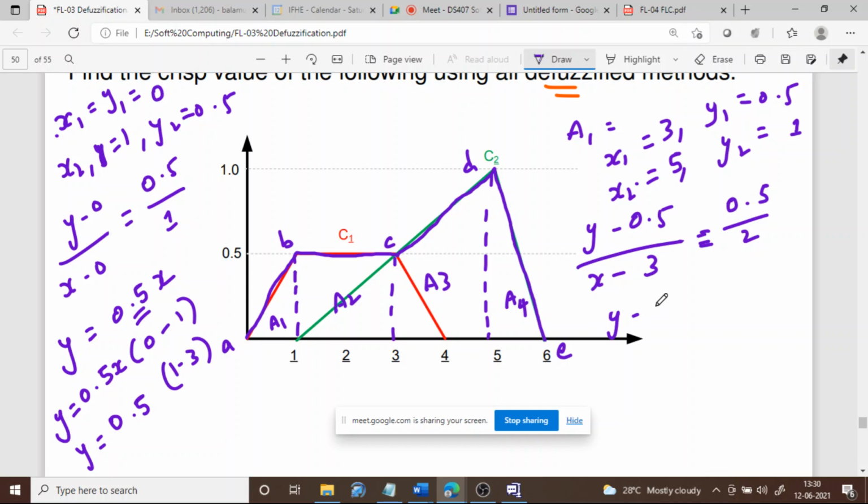So y minus 0.5 is equal to 0.25 into x minus 3.